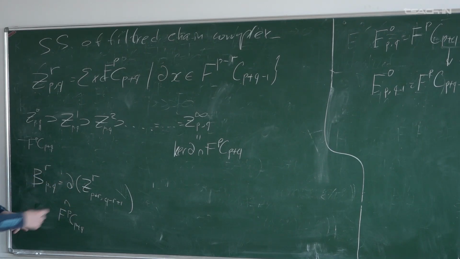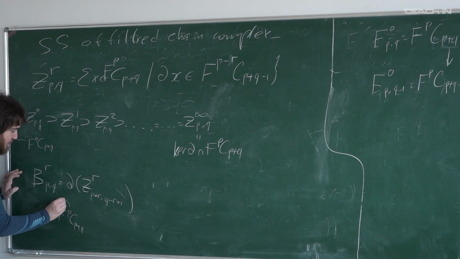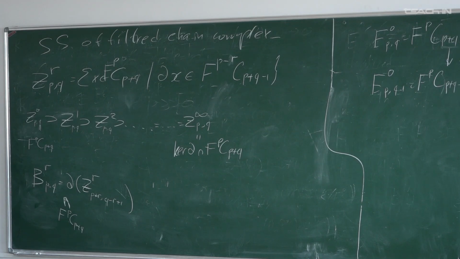Also, you can check that this is in degree P+Q+1, and so D lands in degree P+Q. So it's a module. So it's boundaries of something of R filtration above. If R is infinity, it's just the boundary, because our F infinity filtration is all. But maybe it's the boundary of some concrete smallest filtration, not very big, but maybe we know it. Okay, it's just a definition.